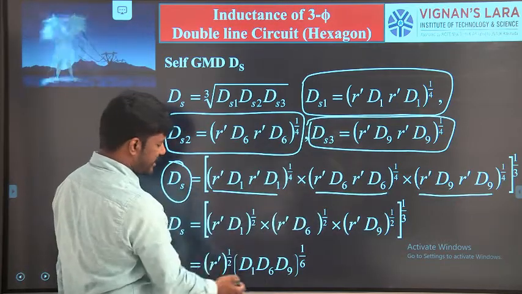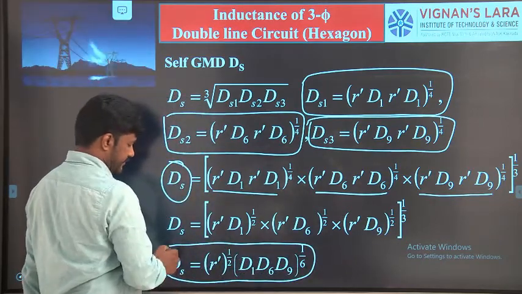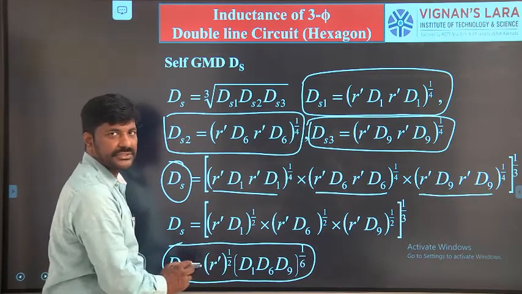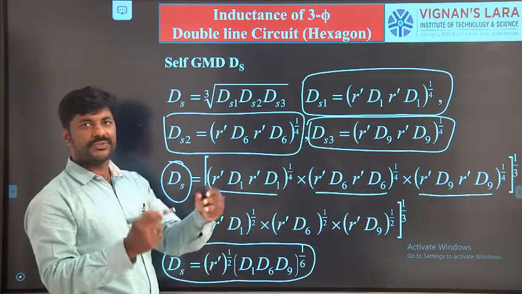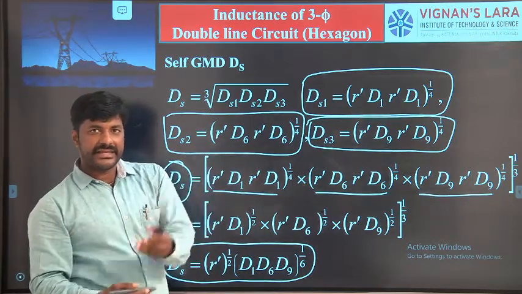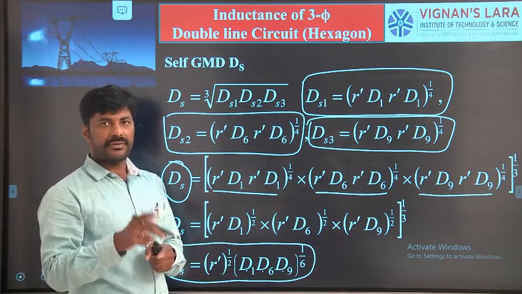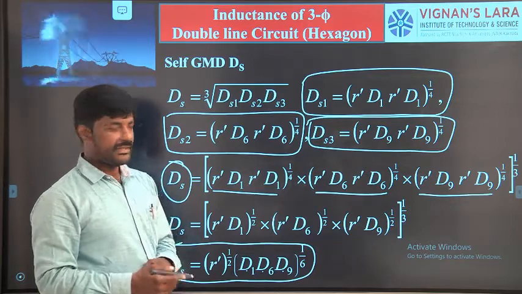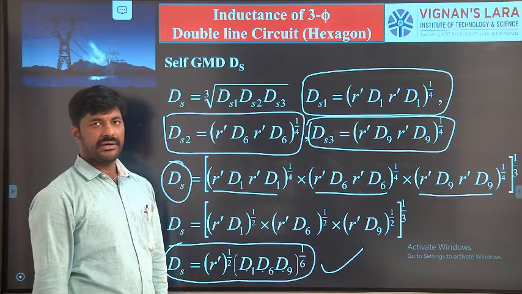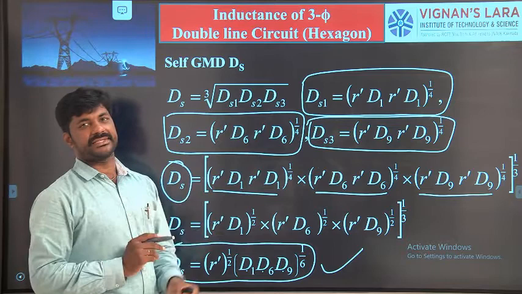For further simplification, I'll get this self GMD for a hexagon case as R dash whole to the power 1 by 2, called the square root of R dash, times the product of possible distances with position 1, position 2, position 3 as D1, D6, D9, whole to the power 1 by 6. Right? This is the value of self GMD. You can verify it in a notebook. So far we discussed the self GMD, DS.